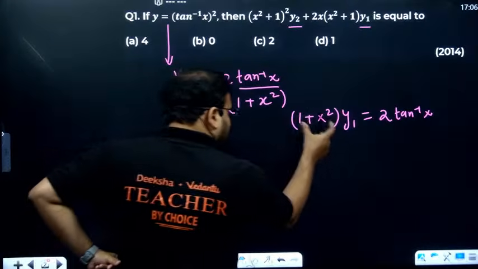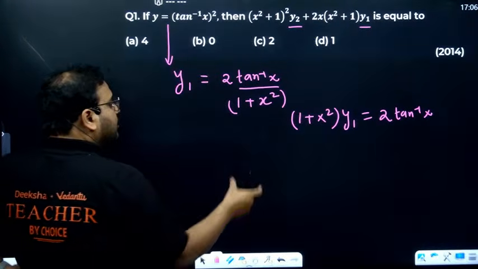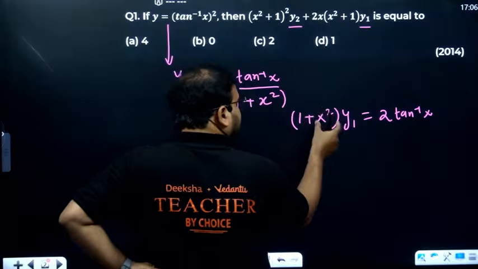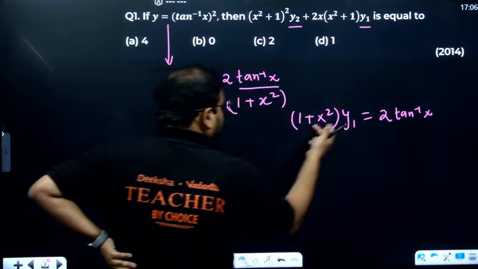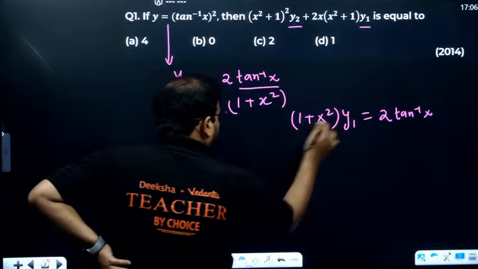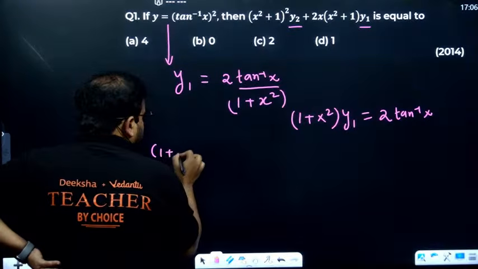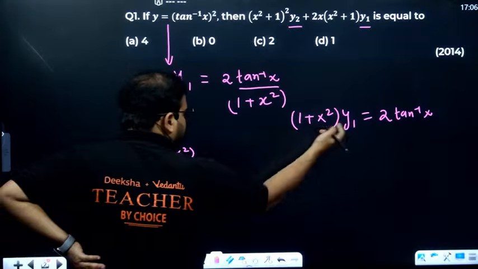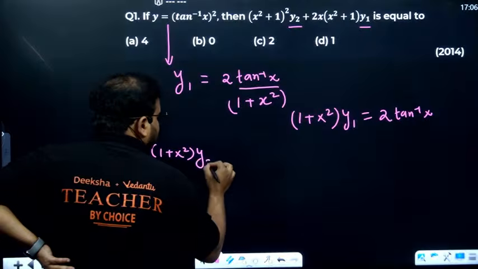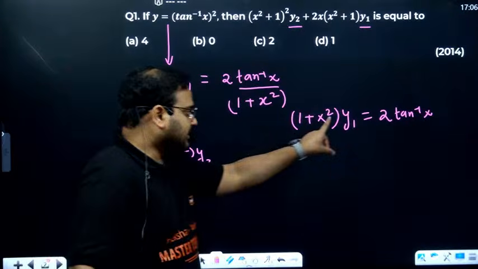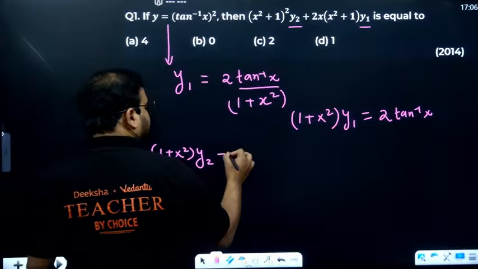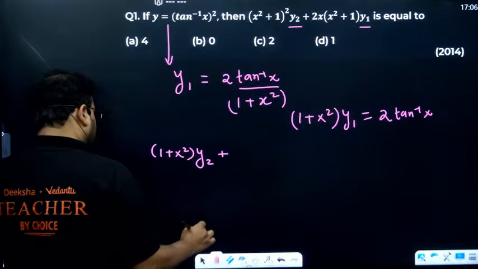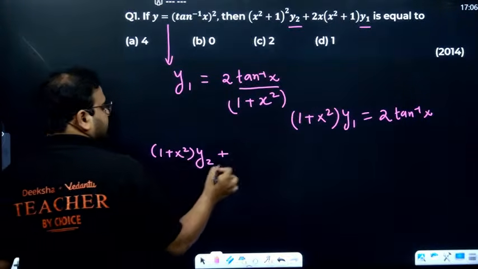Now, once you have this result, what are you going to do? Differentiate this by product rule, and this will again be chain rule. I'll differentiate y1 first, keeping 1 plus x square as it is. Differentiate y1, I'll have y2, the second derivative. Derivative of the first derivative is the second derivative. Now I'll have a plus sign as per the product rule and differentiate this time the bracket.